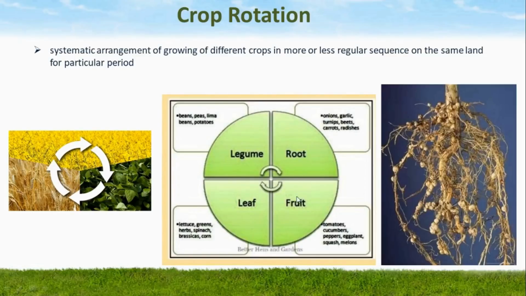These are 4 steps in crop rotation. We can alternate these 4 crops one by one. First, we have to cultivate legume crops such as beans, peas, and other leguminous members.